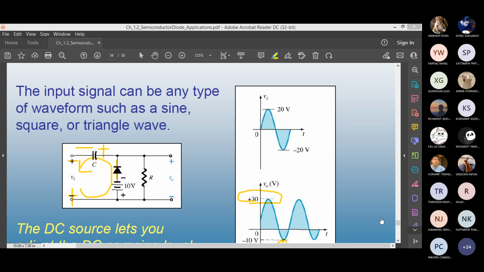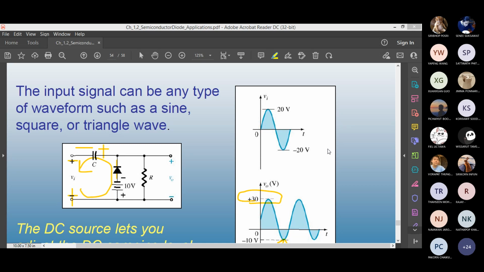Ajahn, can I ask you about problem 33? Okay. Yes, about the output, why there's no voltage there. Can you explain it again?